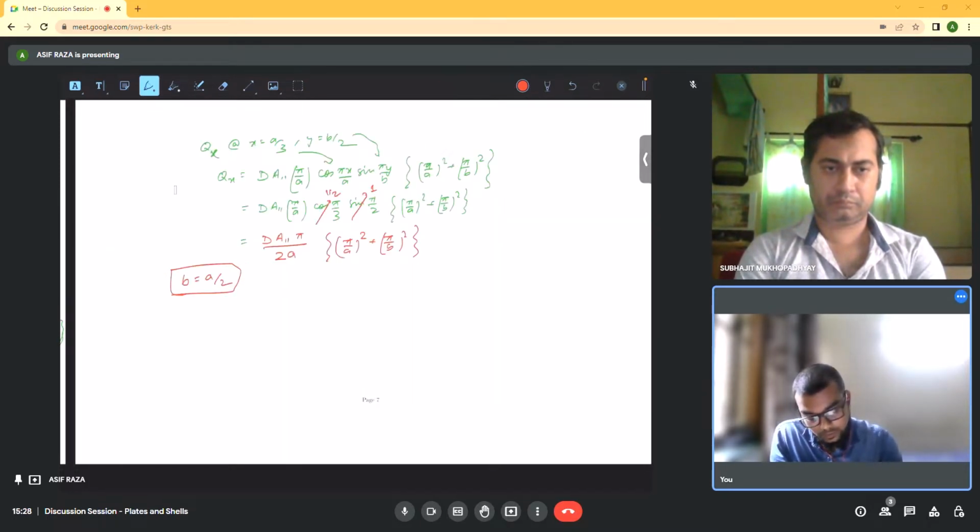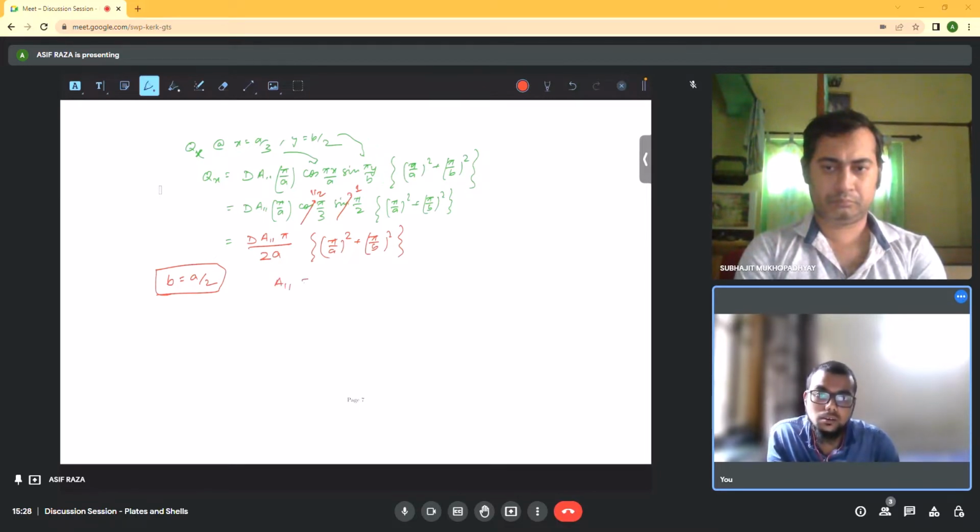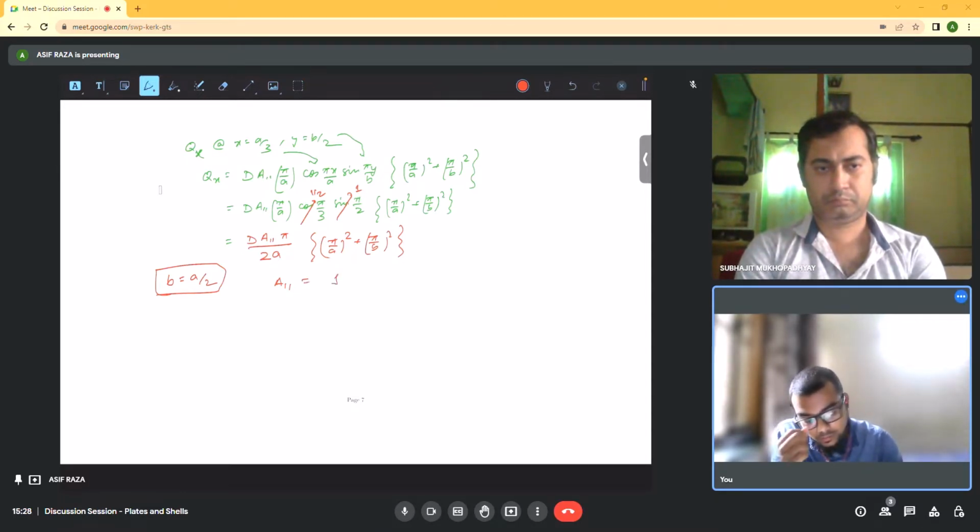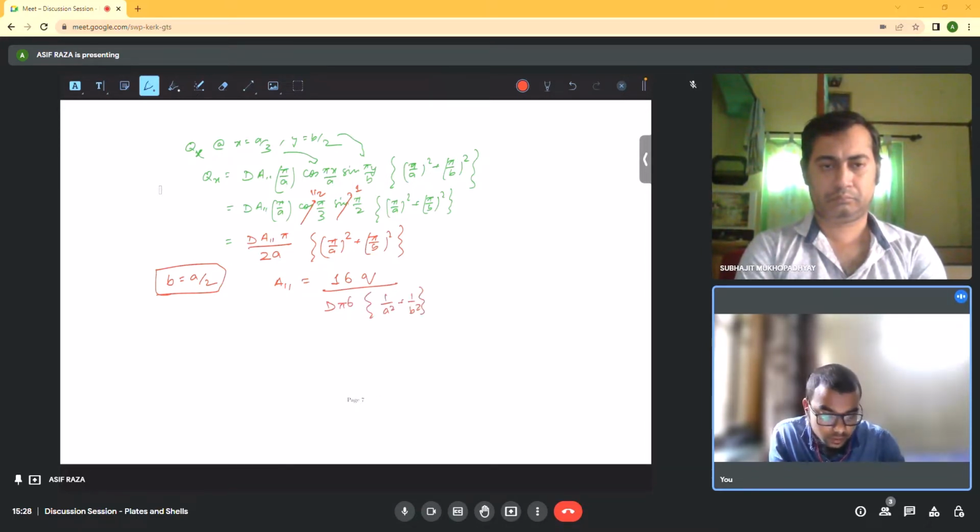Okay. So what do we have as the value of a11? For a UDL, uniformly distributed load, we have the value as 16 q D by π⁶ times (1 by a square plus 1 by b square), right?